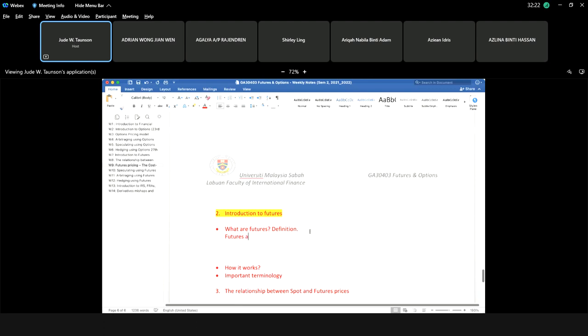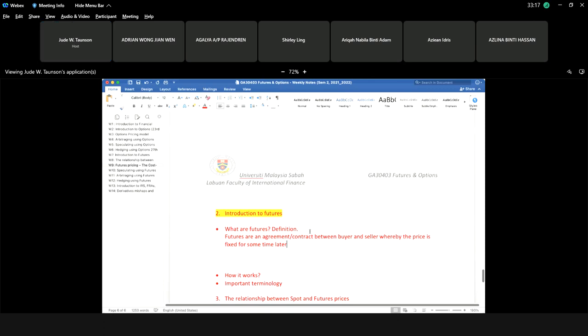Futures are a contract, an agreement, between me, the buyer who wants to buy the shares, and the seller, penjual saham itu, whereby the price is fixed today for some time later.